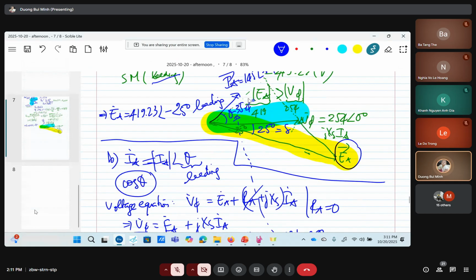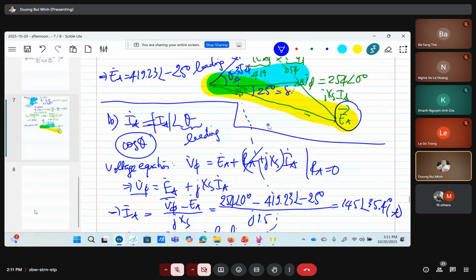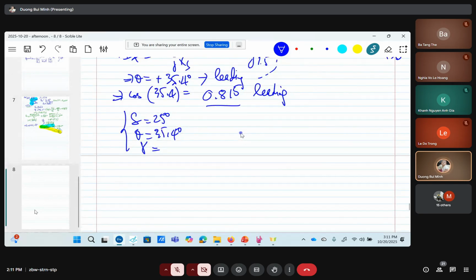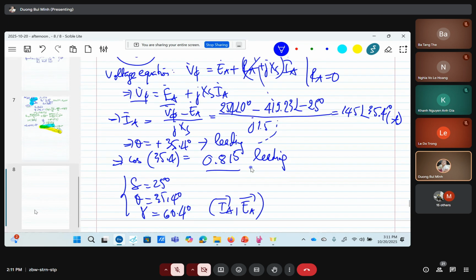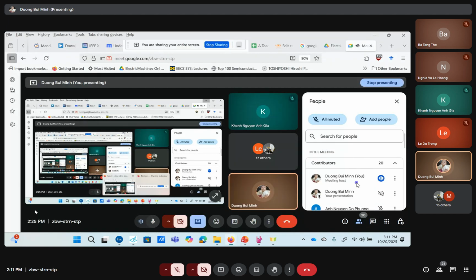That means this angle plus this angle. Okay, so we get 60.4 degrees. This is the phase angle between IA and EA. Any questions?